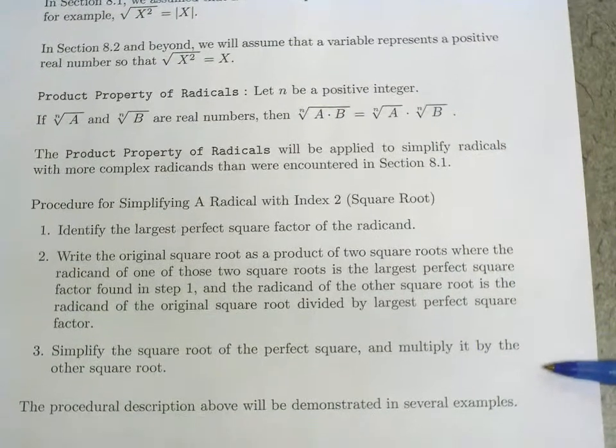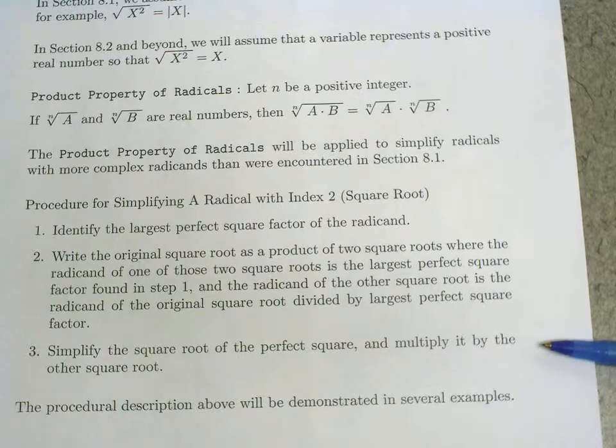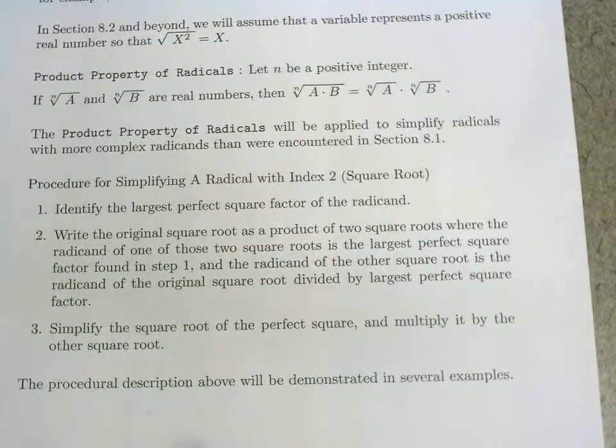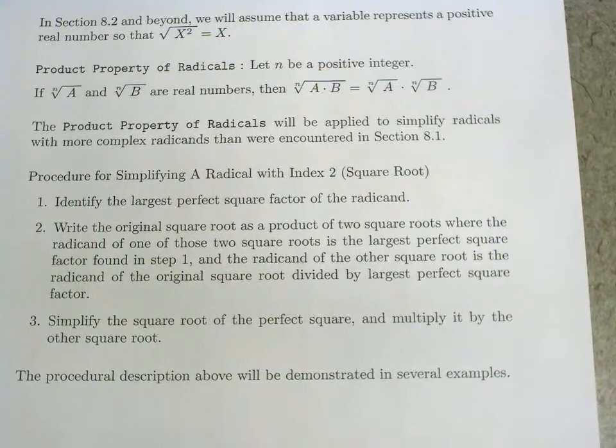In step 3, we simplify the square root of the perfect square, and we will multiply that by the other square root. Okay, so this procedural description will be demonstrated in several examples.